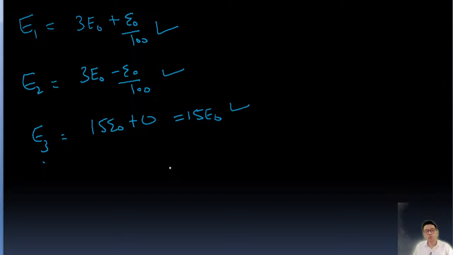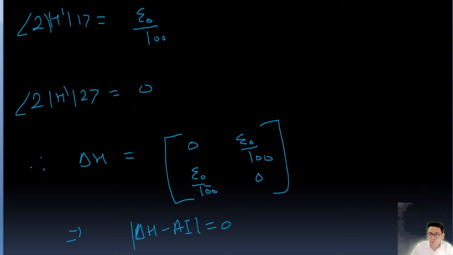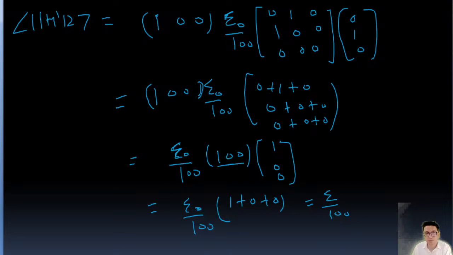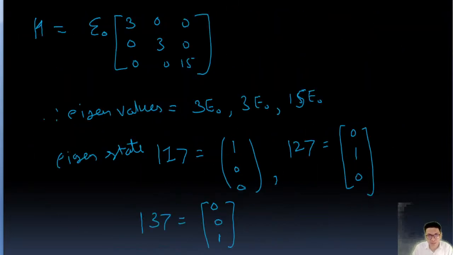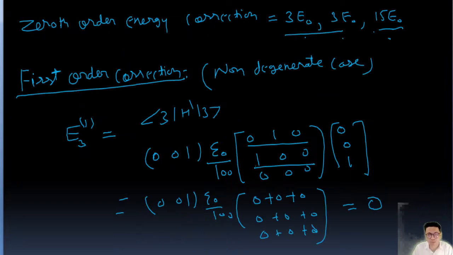This is how we solve questions related to degenerate perturbation theory, okay? So very simple, it's very simple actually. First you need to find out the eigenvalues, right? And then you will get the degenerate eigenvalues of energy.